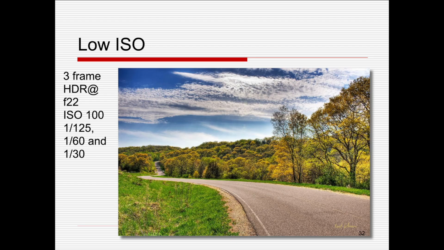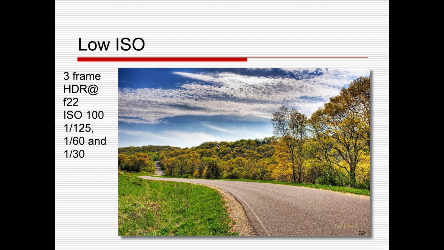What we see here is I'm metering on the sky, in this area right up in here, the clouds. This gives me all this nice detail in the clouds. We're seeing all the early spring color.